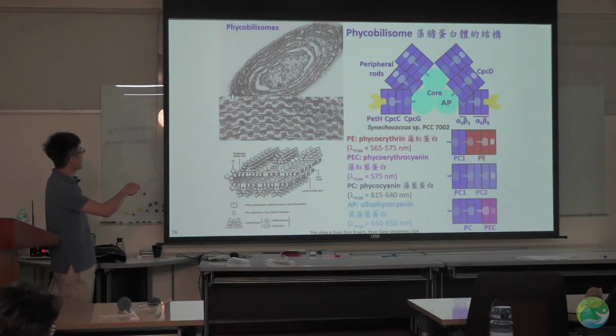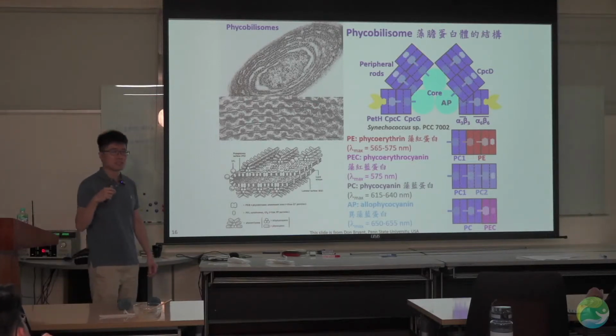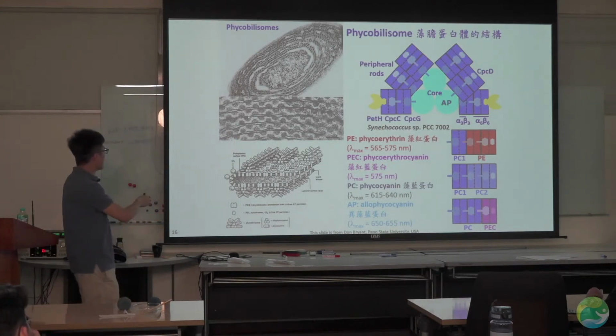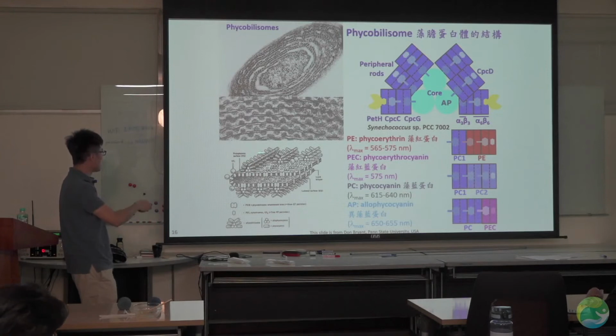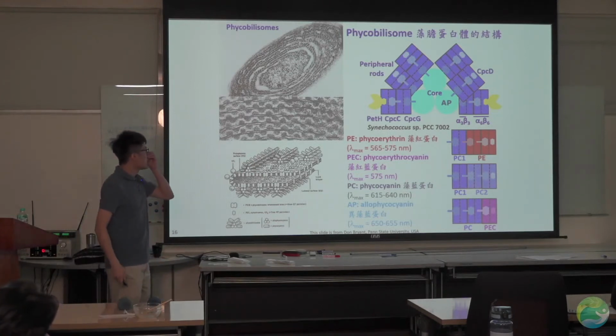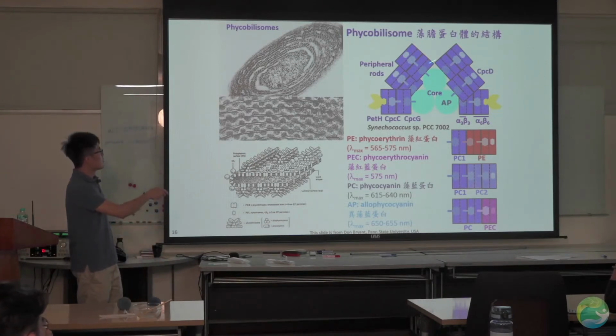You can see in thin sections of the cells, this is the thylakoid membranes, layers of membranes, and you can see these electron-dense particles sitting on the thylakoid membranes. They are phycobilisomes, and you can see this in this cartoon figure. They have peripheral rods and the central core.